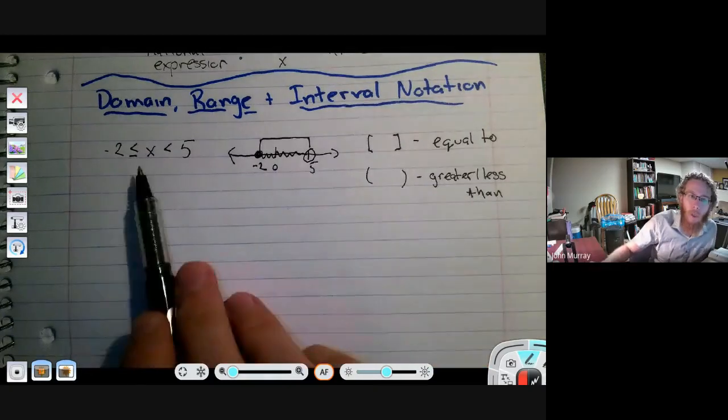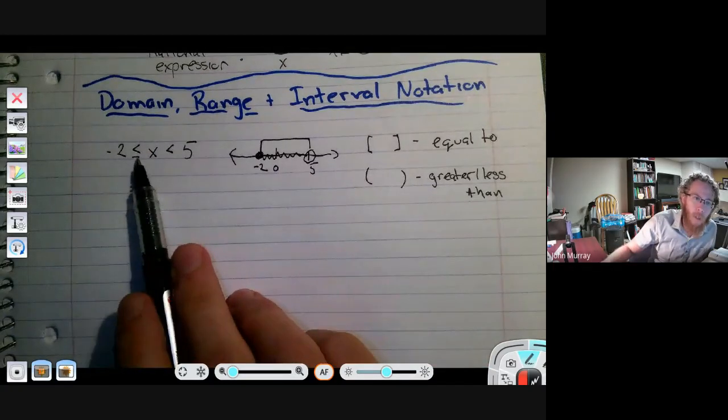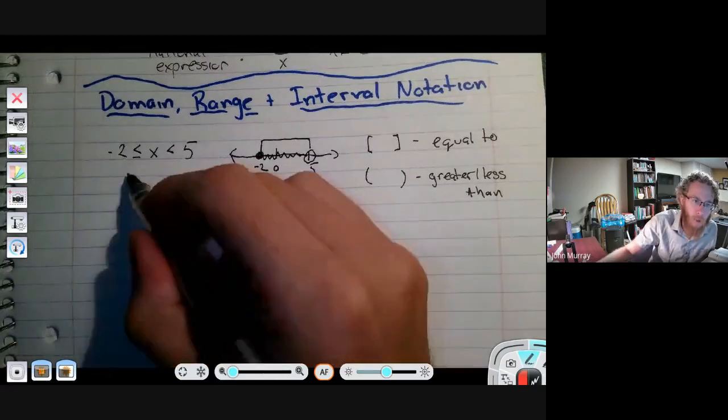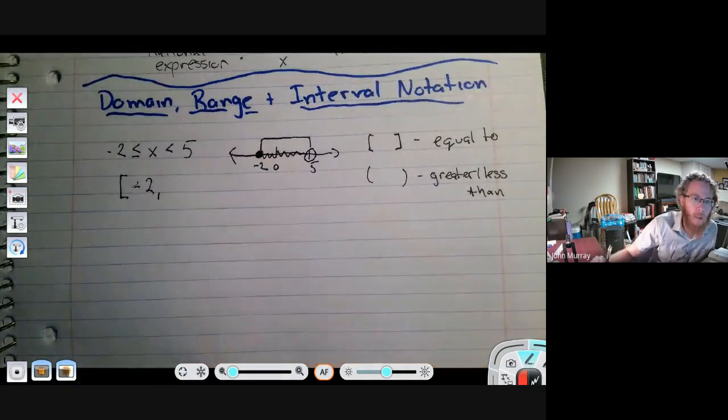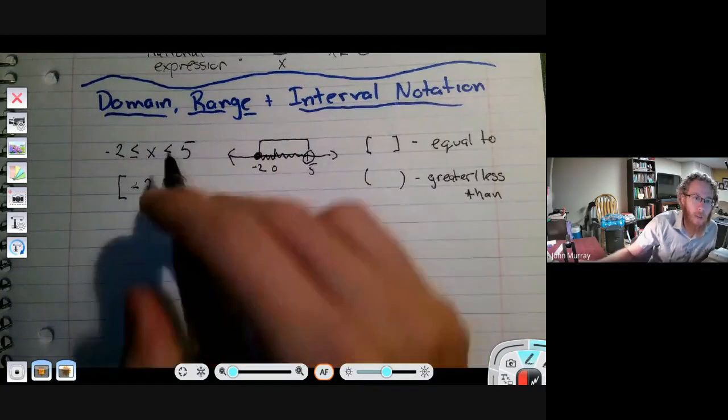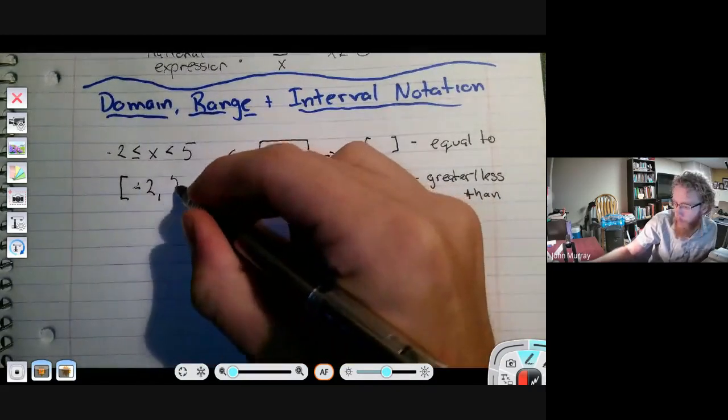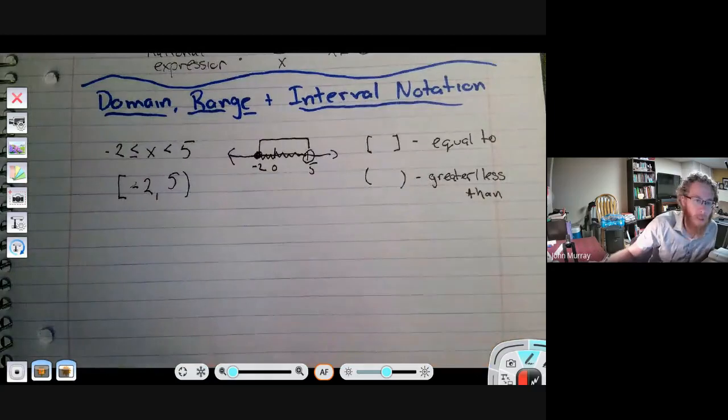Okay, so if I'm talking about this, -2, it's equal to -2. So on this side, I'm going to have a bracket. Okay, and then it's just less than 5. So I'll put the 5 over here with the parenthesis.